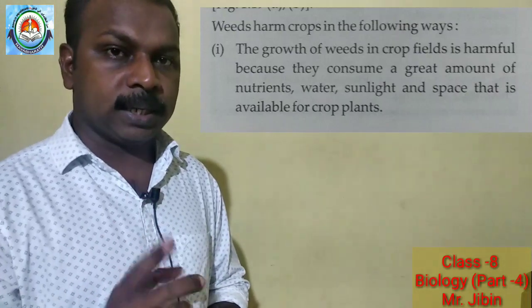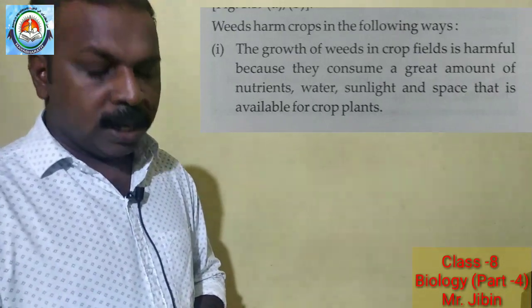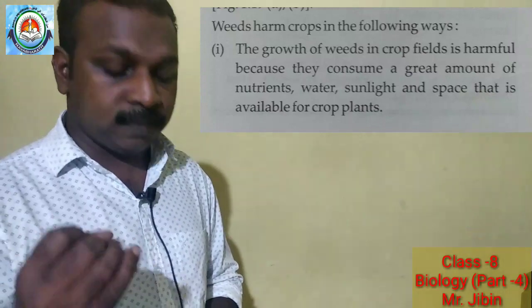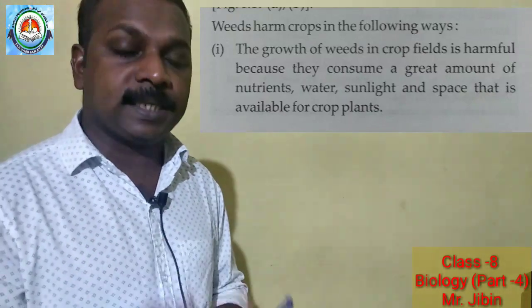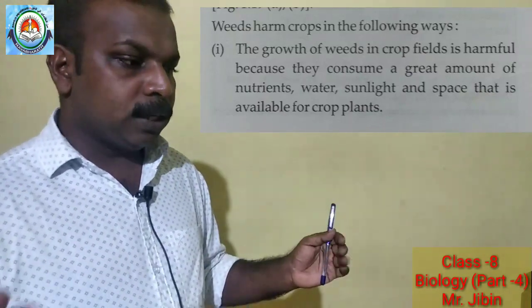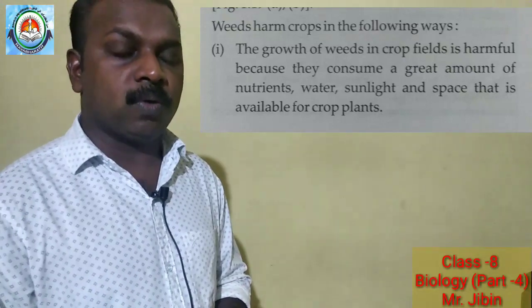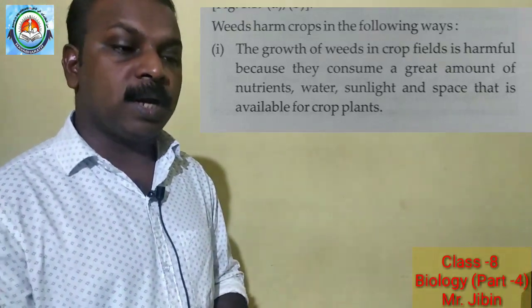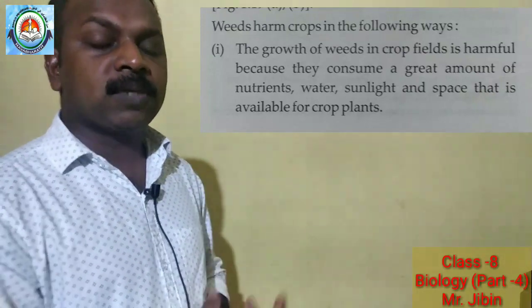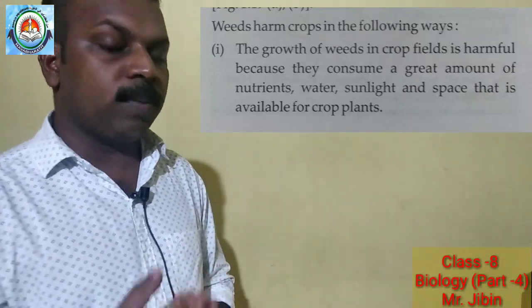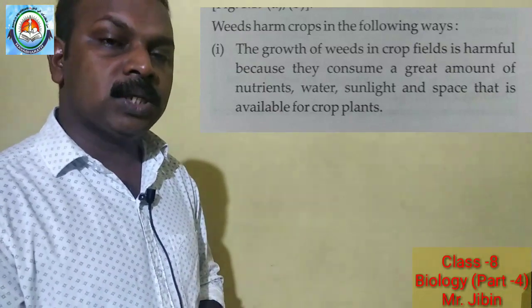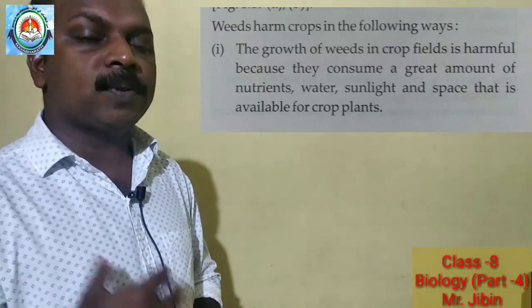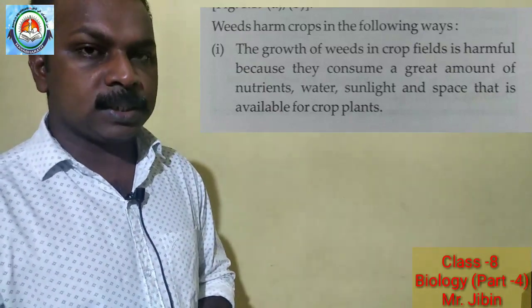That is one reason. The second thing is water, sunlight and space. When these weeds grow along with the crops, they will grow very fast by absorbing nutrients from the soil, so that crops will not get enough nutrients.